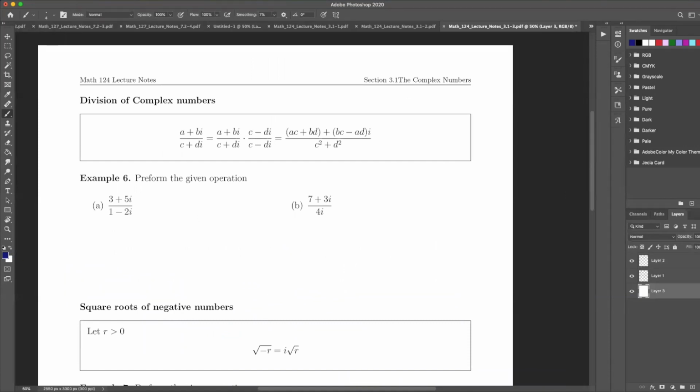If we're dividing by complex numbers and we want to figure out what the real value is and what the imaginary value is, we don't want any imaginary units on the bottom. So if I'm dividing a plus bi by c plus di, I'm going to multiply the bottom by the complex conjugate of the bottom part.